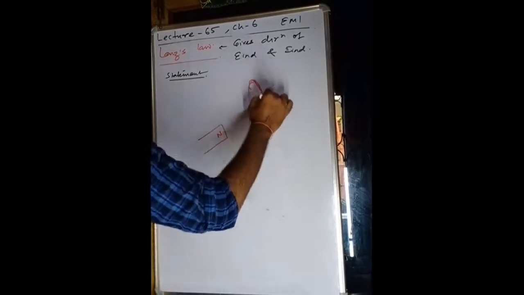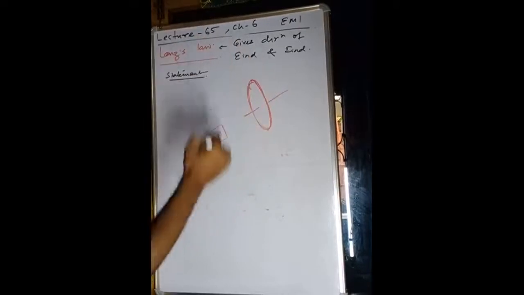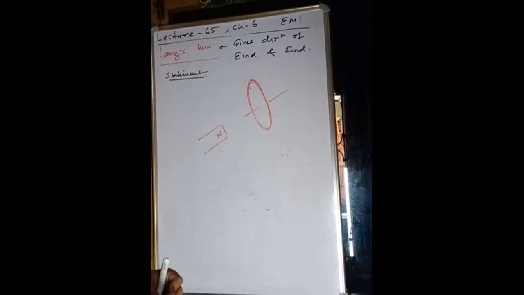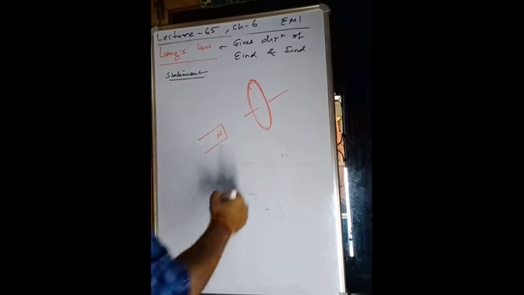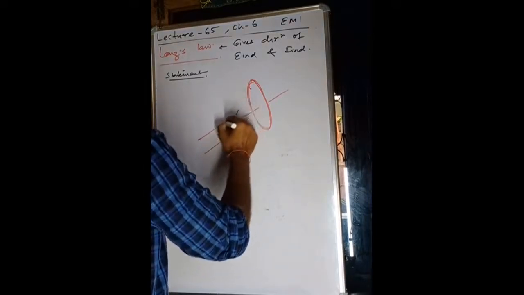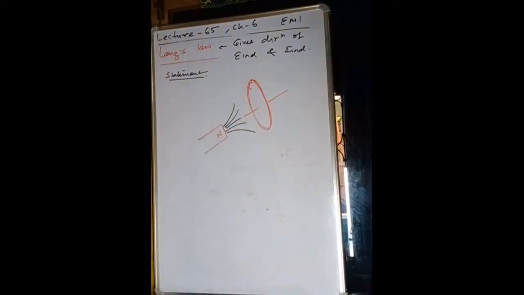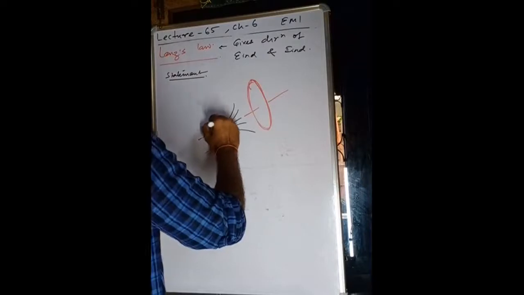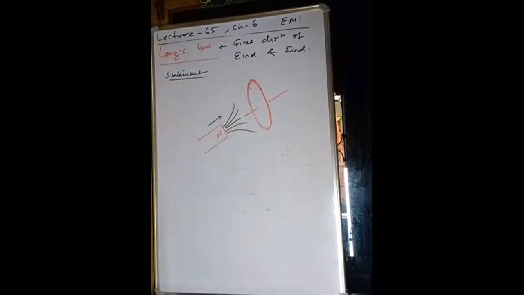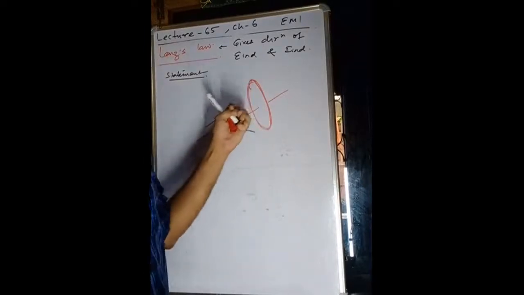This is the coil. Suppose the number of turns is only 1. We also know that this is a magnet, so of course it has some field lines. As we move this magnet towards the coil, what will happen?